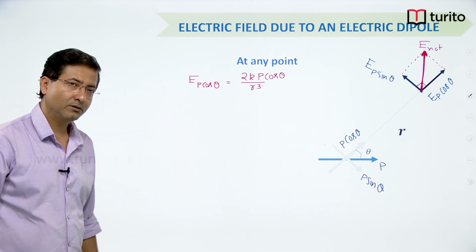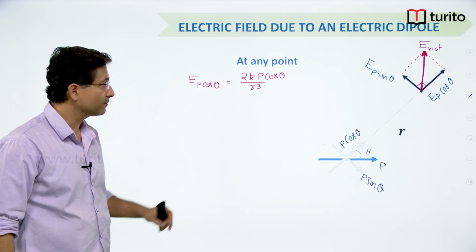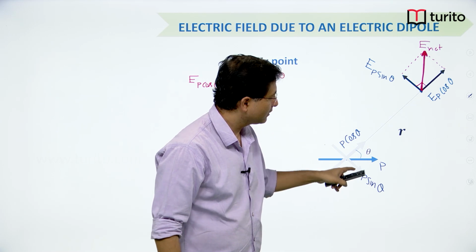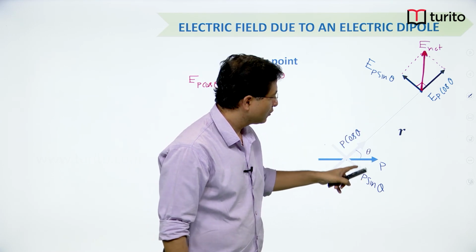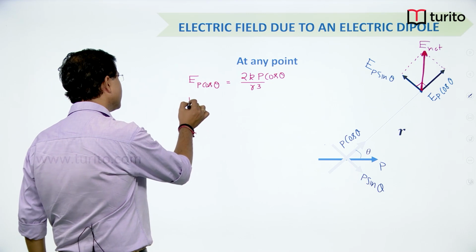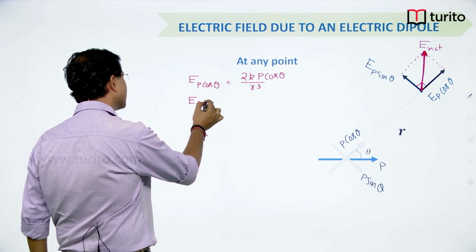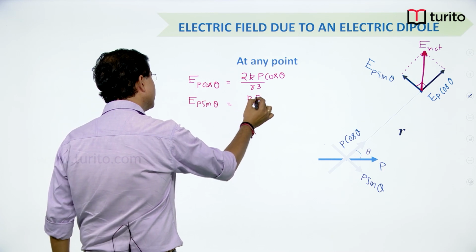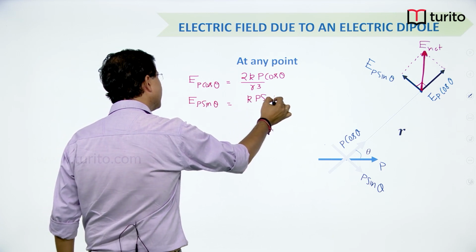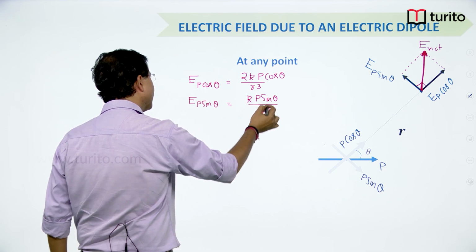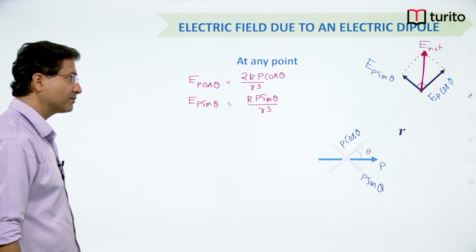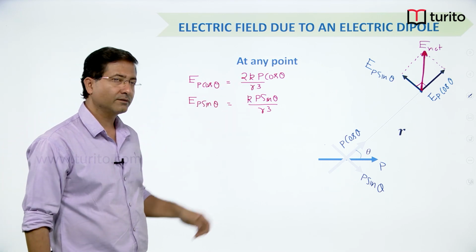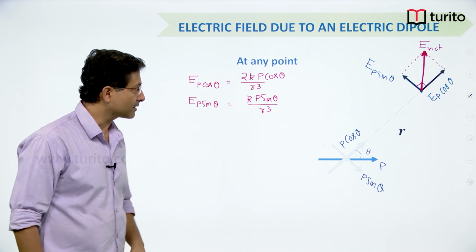Axial point 2 times, just now we have derived. This one is on the bisector, so the contribution of this one is kP sin theta divided by r cube. As this is the bisector point, we have seen that field on the axis at distance r is 2 times that produced at the bisector.